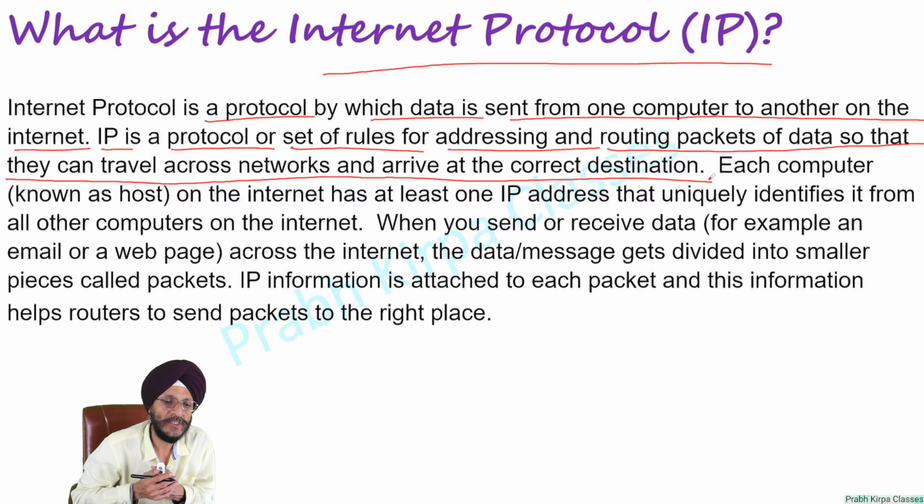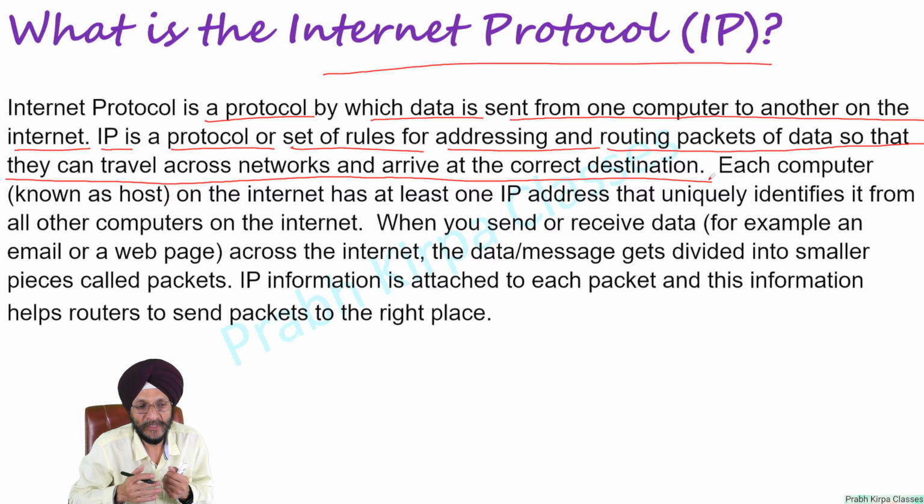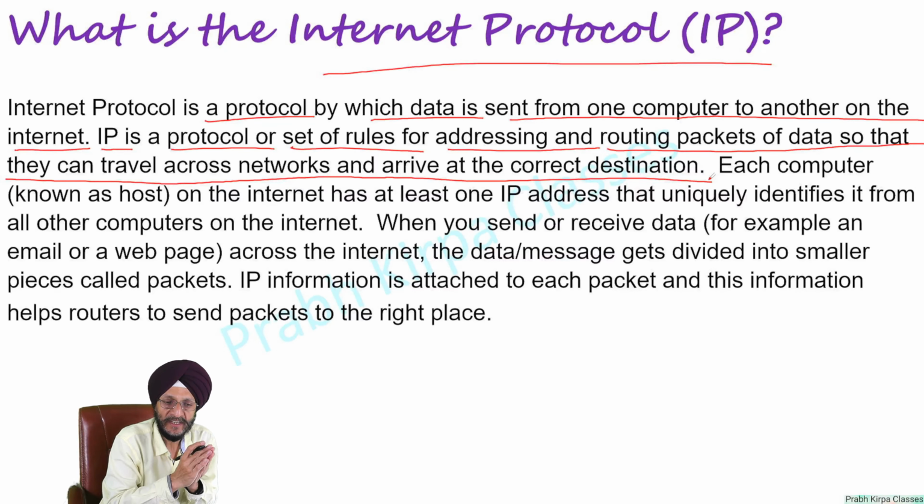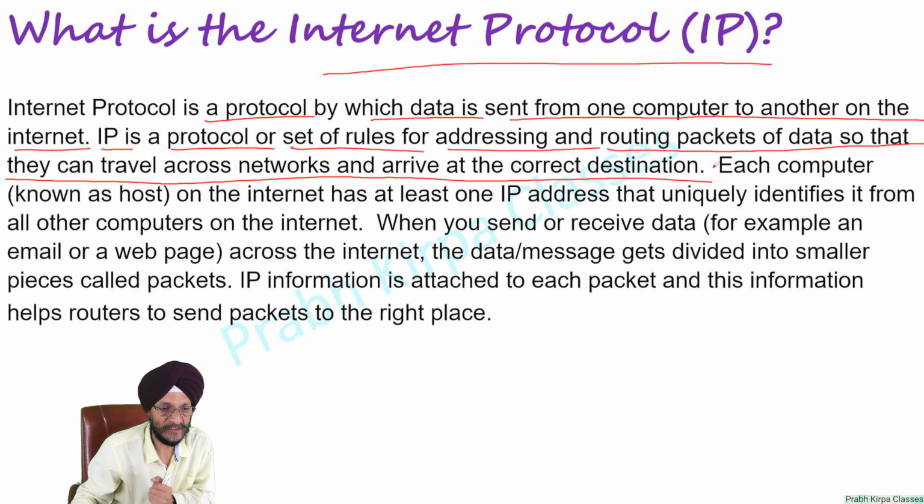As already told, Internet Protocol takes care of the address part of the data. IP protocol ensures that the data reaches the correct destination, though the data may have to follow different routes as already discussed.